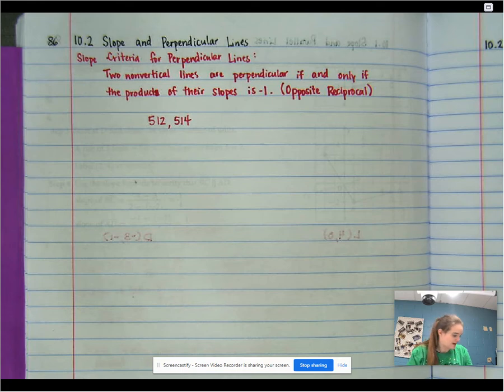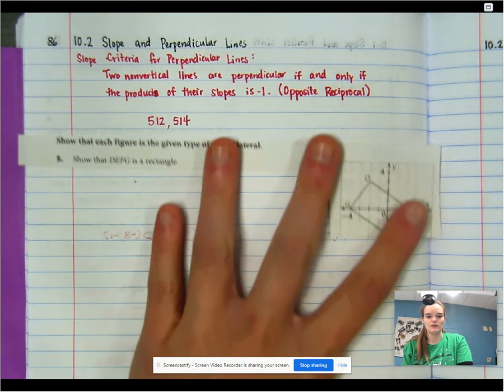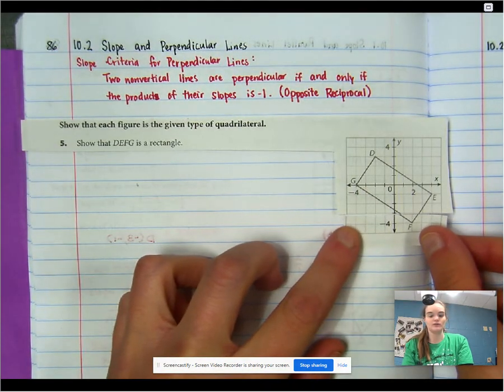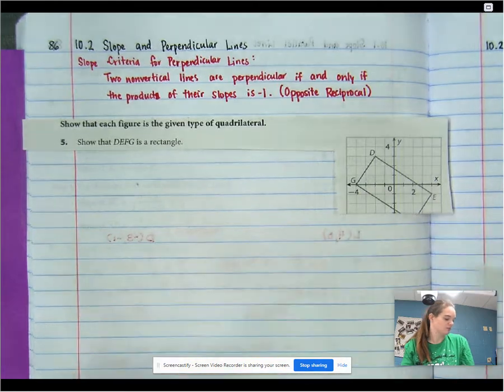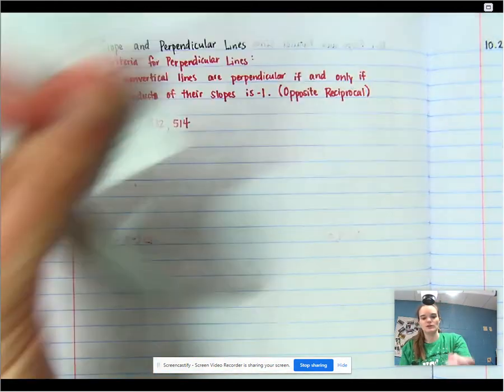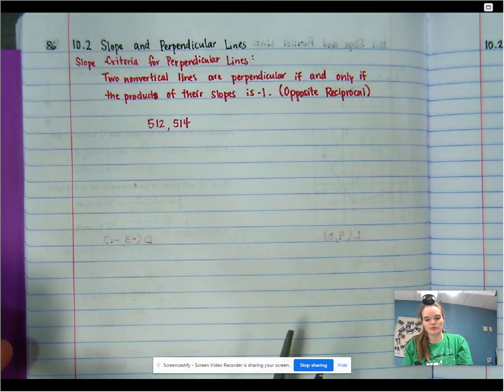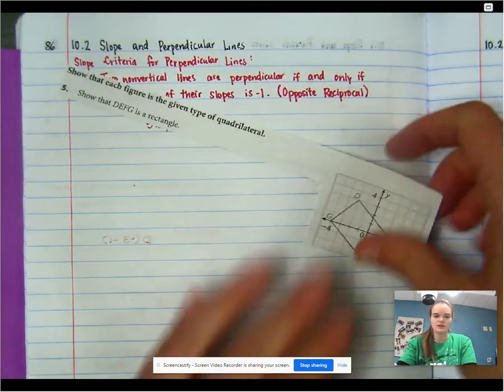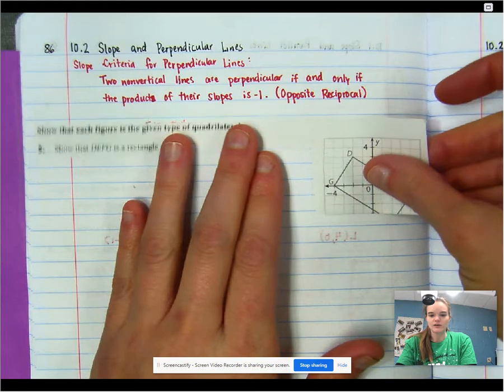Okay, from 512, you also need something from the back. You need this, and don't cut it off like I accidentally did. You need the whole thing, so I have to glue that to the bottom because I accidentally cut it off. But you need this, and you don't need a blank space because we're going to take the picture from the back and then you won't need a note card or anything. So glue this in right here.